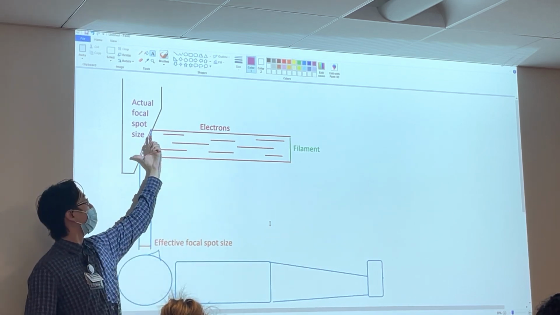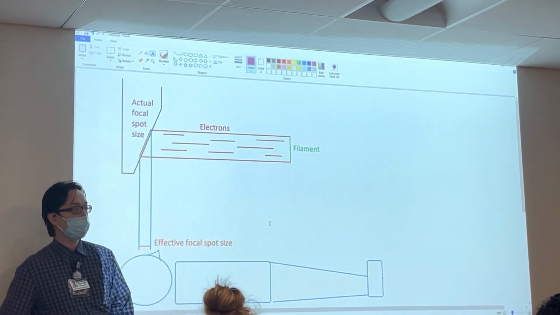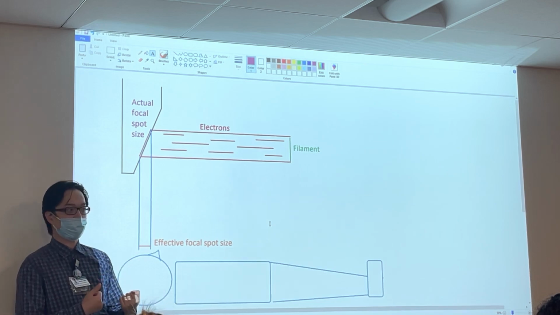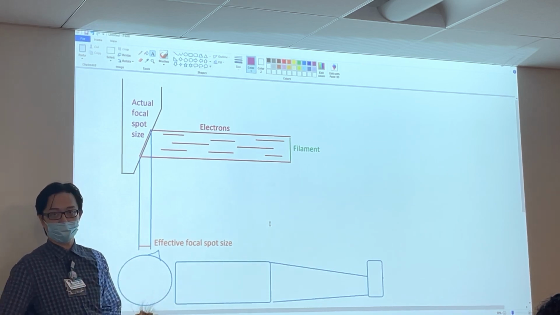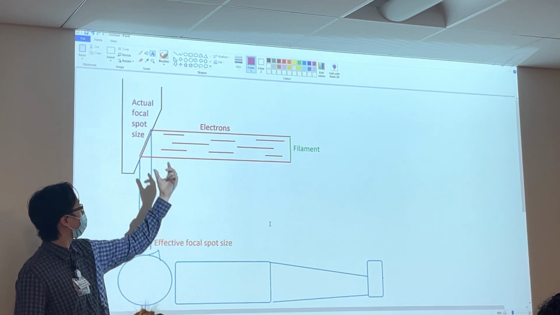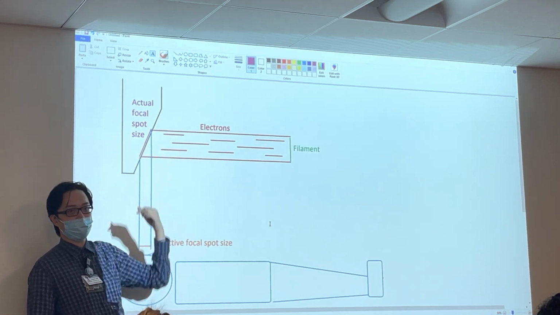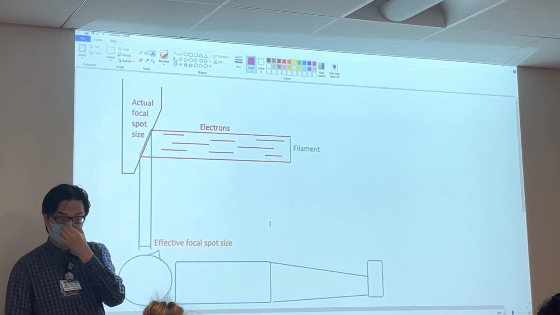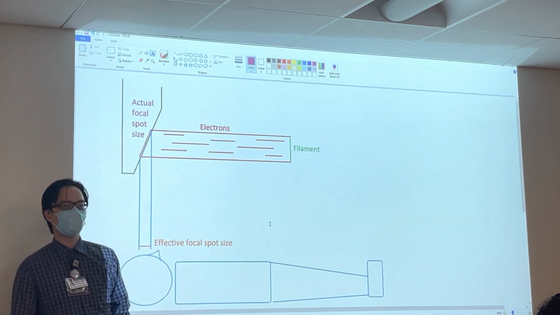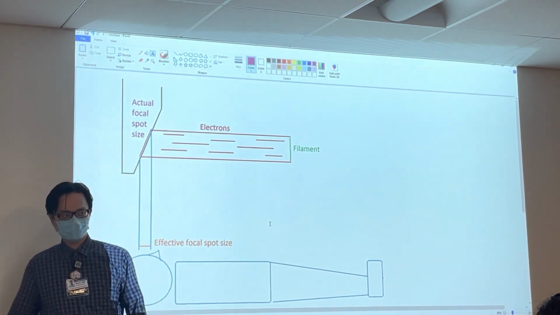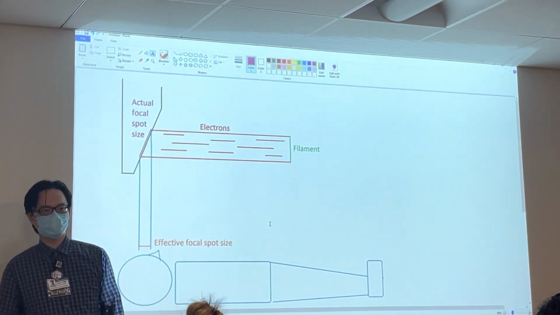If this was a small actual focal spot size, then you wouldn't be able to heat it for as long before it starts to melt the anode. So by increasing the size, you increase the heat capacity. The anode is able to take longer or more intensive exposures.